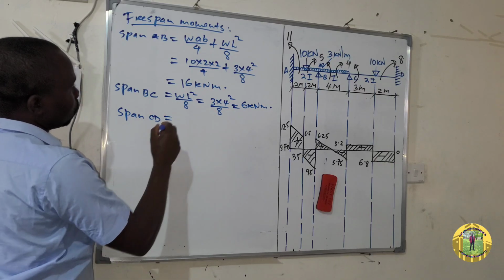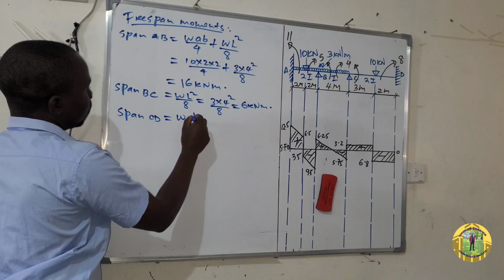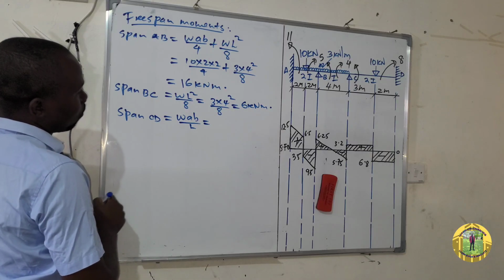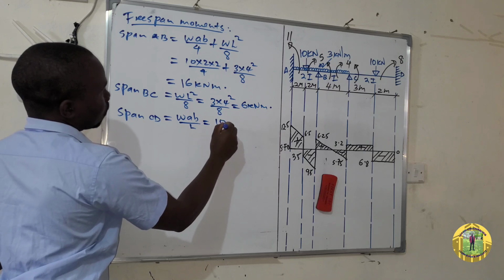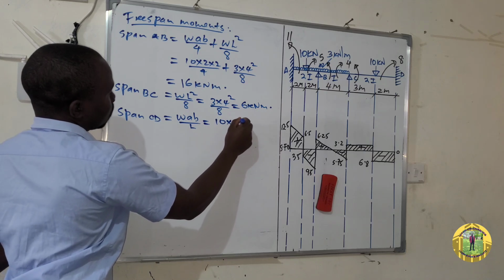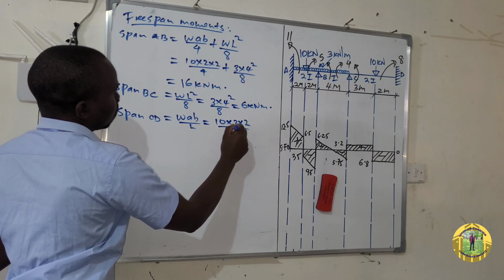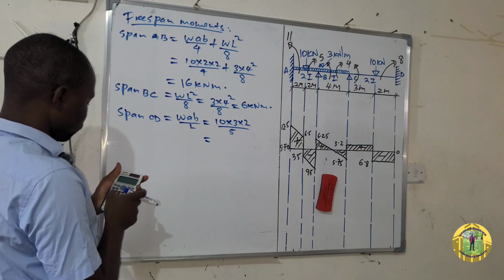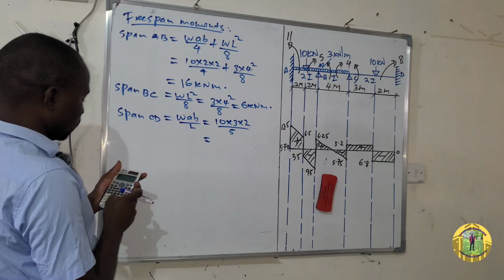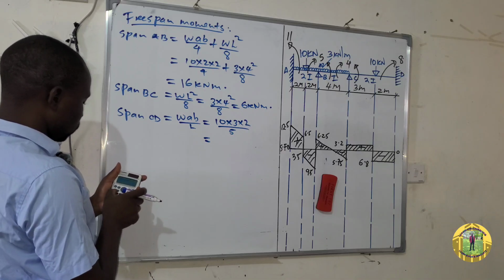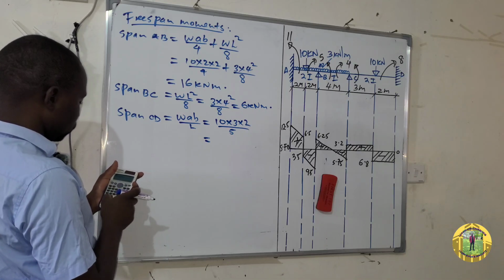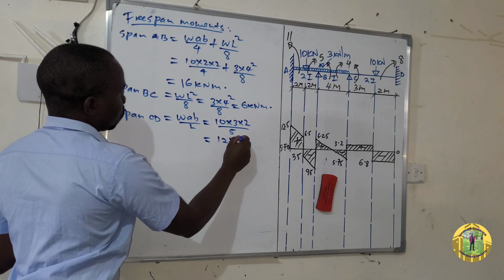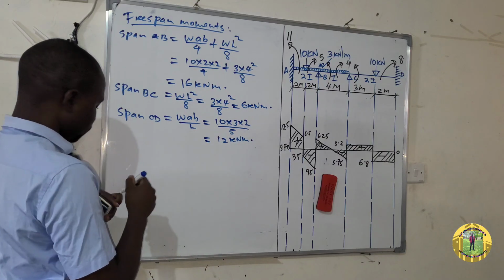So this is equal to W a b all over L, which is 10 times 3 times 2 all over 5. So this is 12 kilonewton meter.